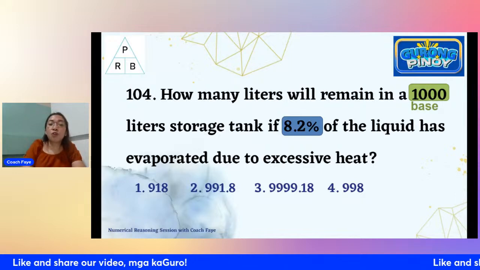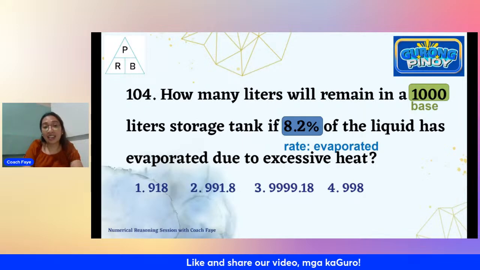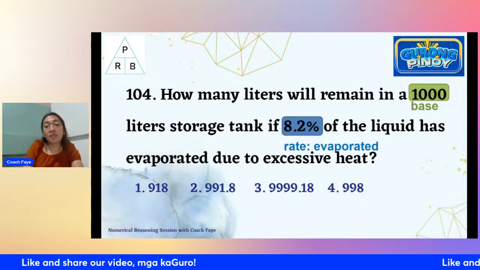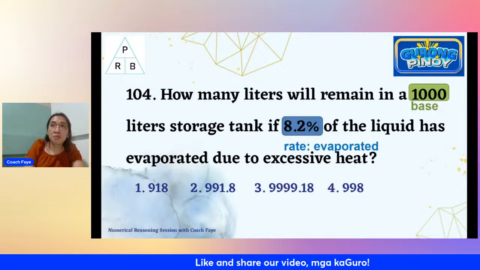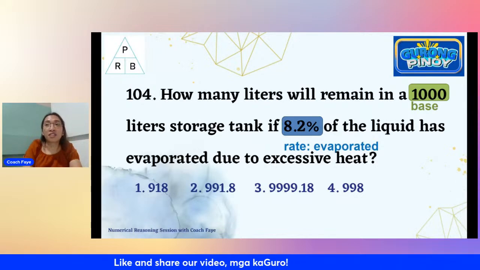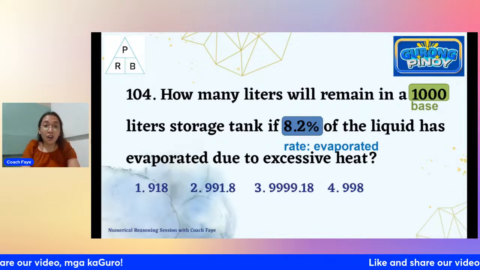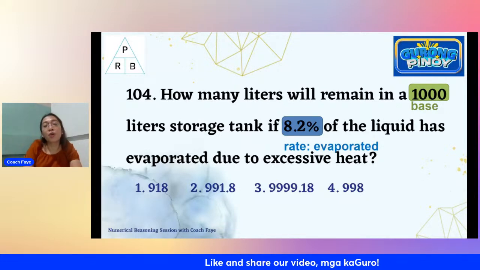Then you have 8.2%. That is obviously your rate. It is the rate of what evaporated. In decimal form, this is going to be 0.082. Yes, Walid is right. The common error here is that some people might convert this as 0.82. So let's be careful with decimal places when converting from percent to decimal form. This should be 0.082.